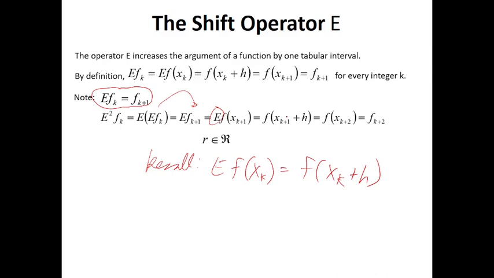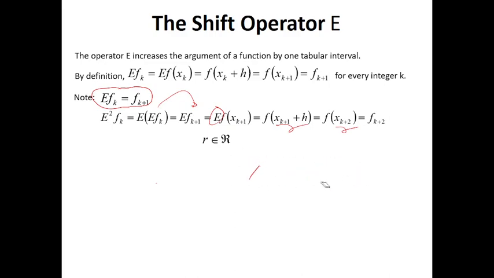So, that's it. O, tapos, paano siya naging ganito? X sub k plus 2. Paano siya naging x sub k plus 2?